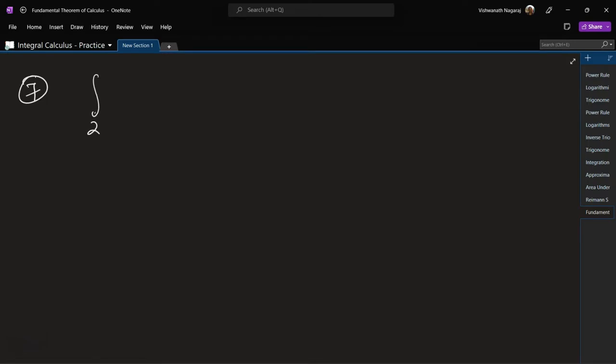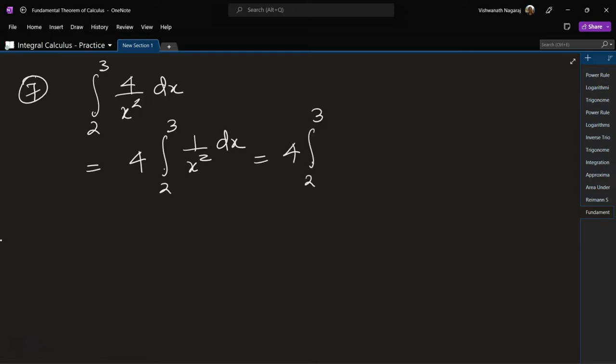Okay, seventh one. Integral from 2 to 3 of 4 by x square dx. Okay, now we can write this as 4 times integral of 2 to 3 of 1 by x square dx. Or we can write it also as 4 integral from 2 to 3 of x to the power of minus 2 dx.